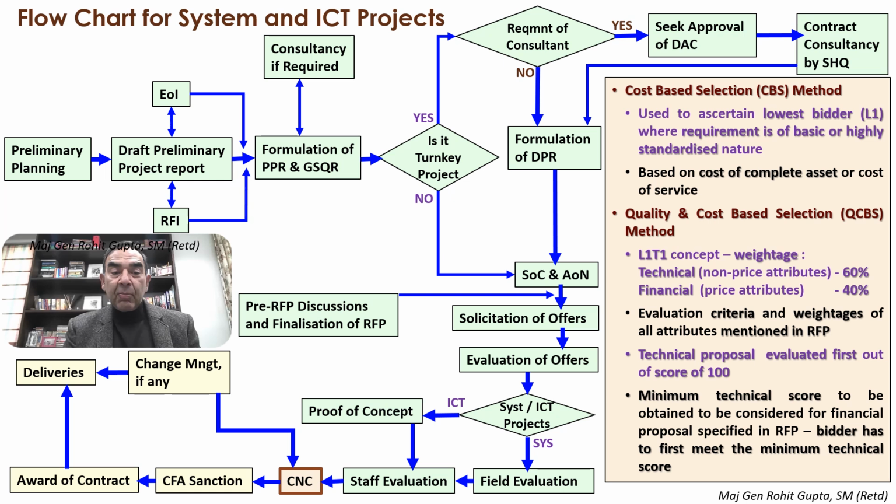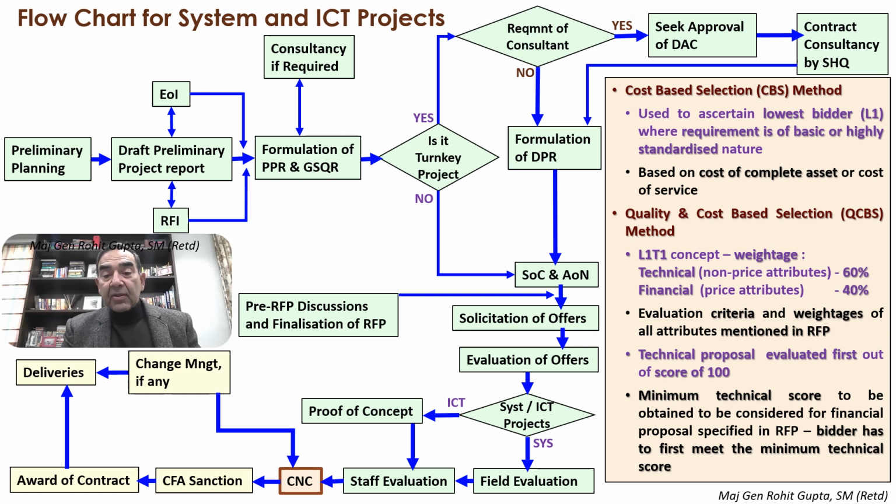Therefore, the technical portion has a greater weightage as compared to the financial weightage. Now, the evaluation criteria and the weightage for each one of the attributes is mentioned in the RFP. That means what weightage you are giving to each one of the attributes that you want will have to be specified first.